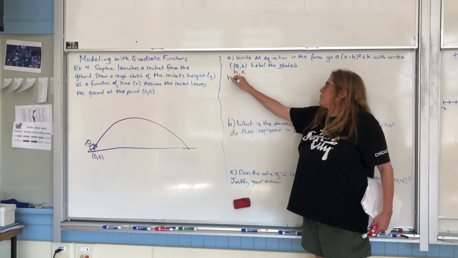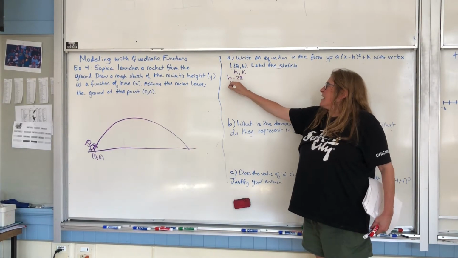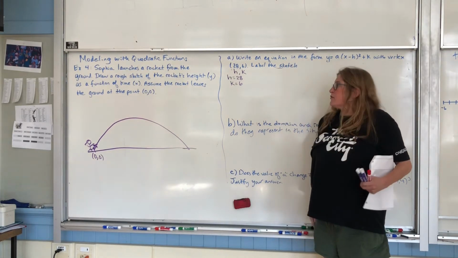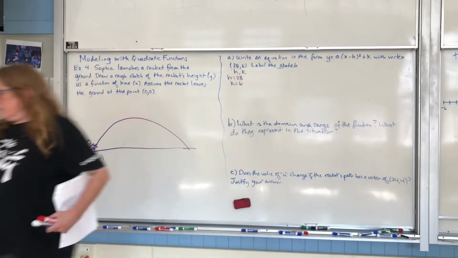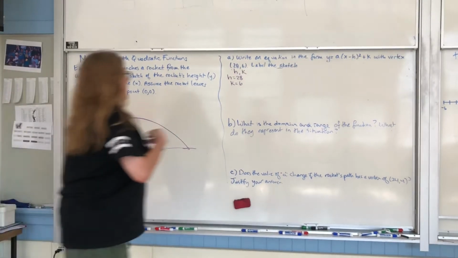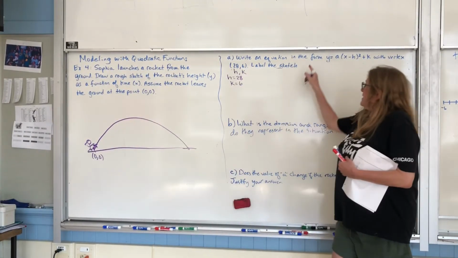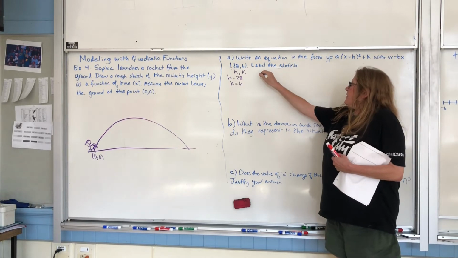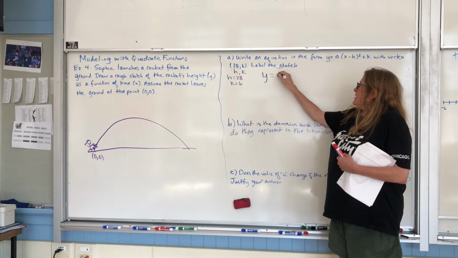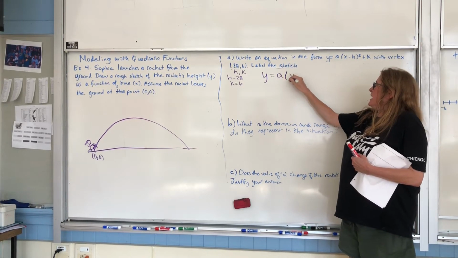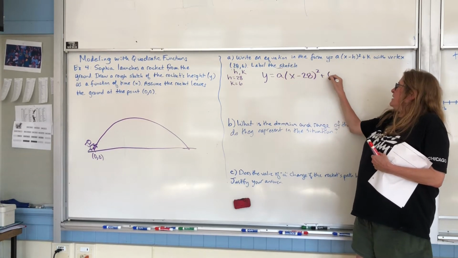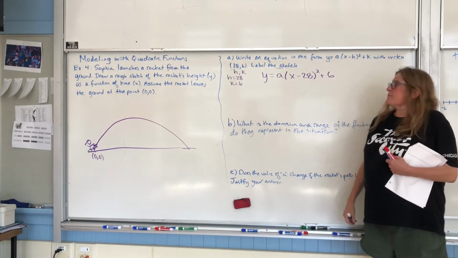So h equals 28 and k equals 6, right? So what I'm going to do, I get my handy calculator, I'm going to put in h and k into my equation. So they say that the vertex is at 28, 6. So h is 28 and k is 6.